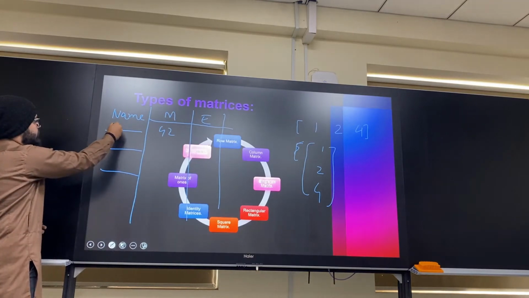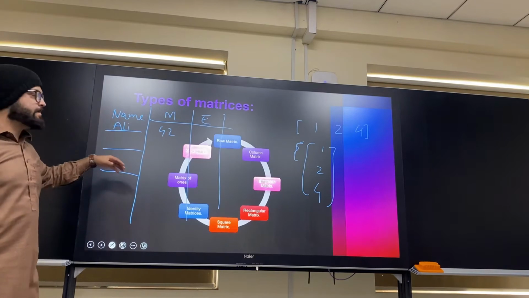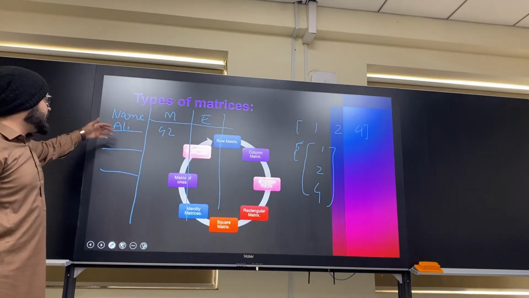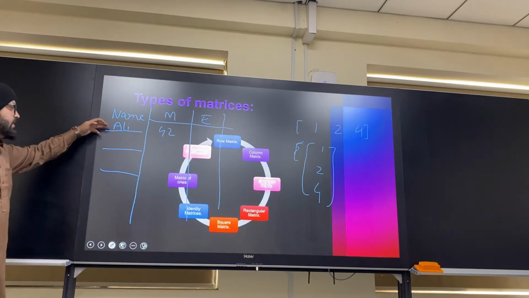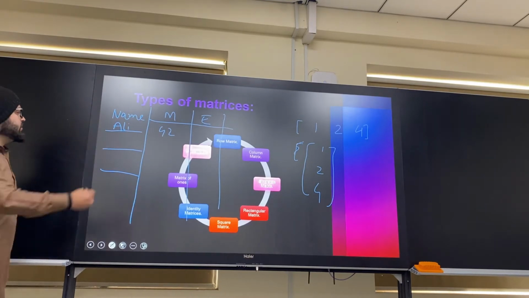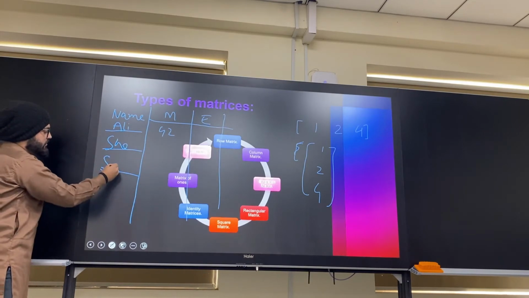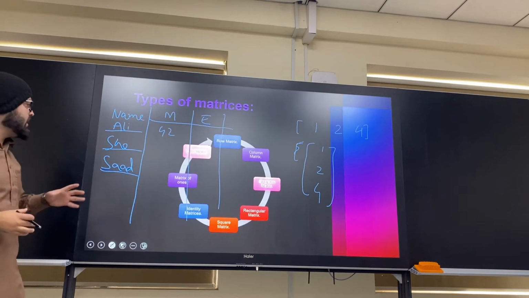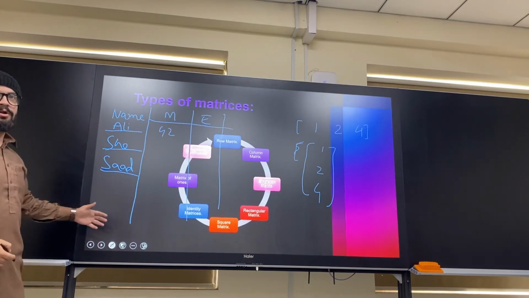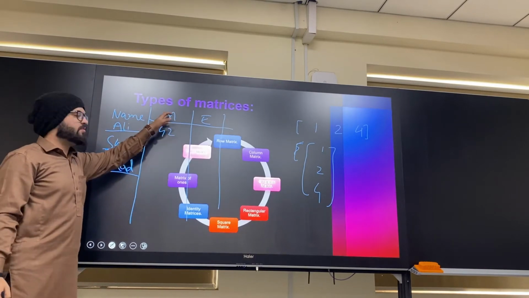Now, what a column is doing, as you can see, is it is telling us about different whole concepts. Like if you're looking at this column, Ali, Shahriyar, and Saad, they are 3 different things, whole different things, and they are being represented in columns. As you can see in this column, there will be different marks of each subject.